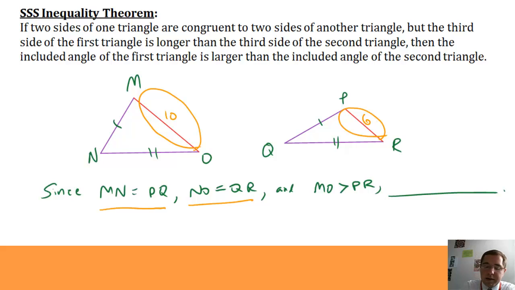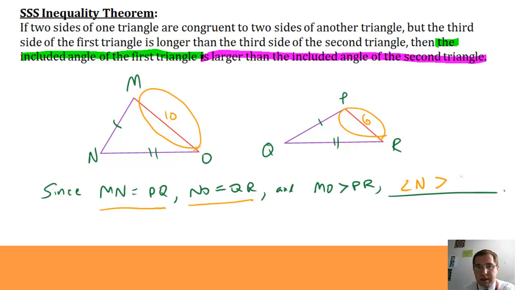What this theorem says is that the included angle of the first triangle, which would be angle N, the angle included by the two pairs of sides that we have congruent, is larger than the included angle of the second triangle, which would be angle Q. So angle N must be greater than angle Q. These two theorems give us a way to relate the sides and angles of two triangles that are definitely not congruent.